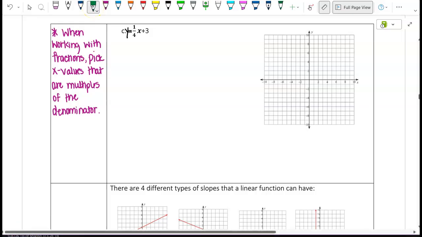All right, so we need to pick numbers that are multiples of the denominator.